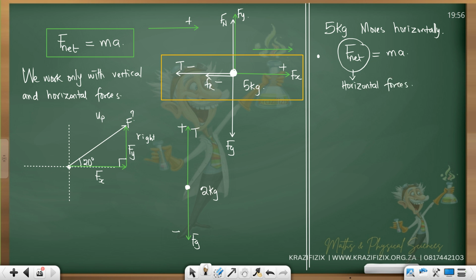Are you with me there, everybody? Yes, sir. The object is moving horizontally. So when I say F net equals to MA, what will I be using? My horizontal forces. Which means I will have Fx, plus, remember net is adding, negative tension plus negative friction, and that will be equal to what?